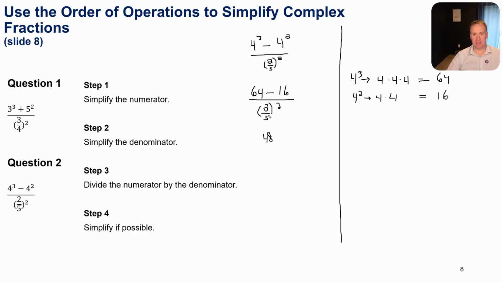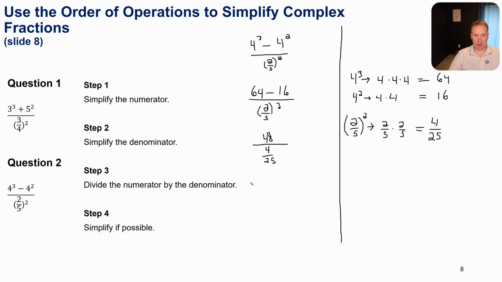Okay, now let's go ahead and do the 2/5 squared part, which is really going to be 2/5 times 2/5. So 2 times 2 is 4. 5 times 5 is 25. So we get 4/25 as the bottom part of this complex fraction.